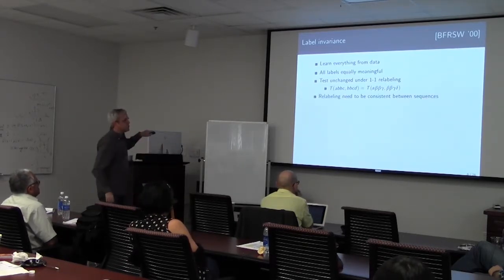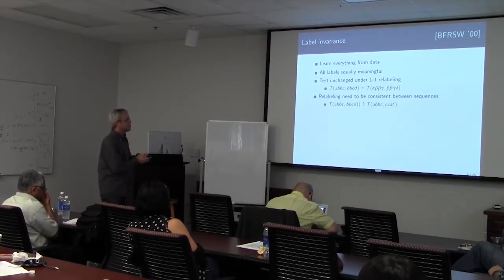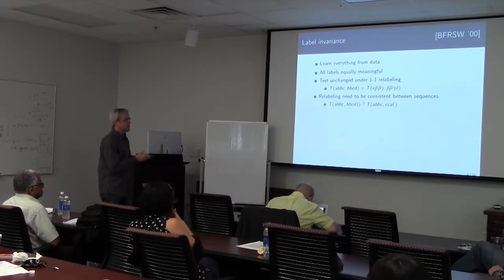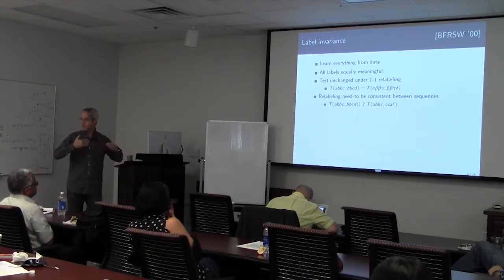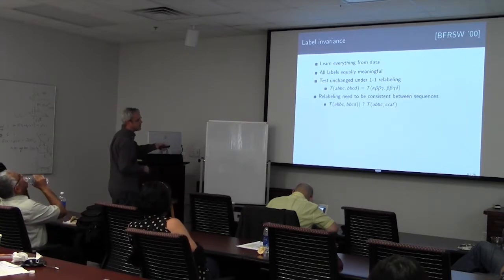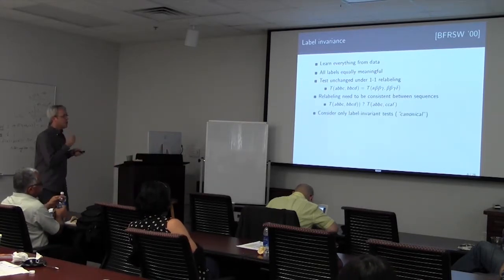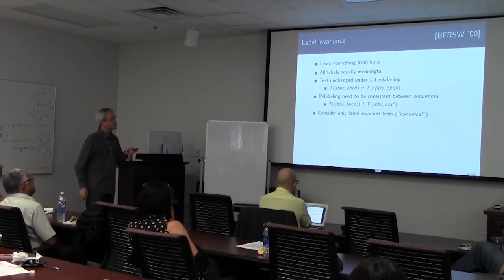Notice that when we do the relabeling, we need to be consistent between sequences. So we cannot change only the second. Here I kept the first sequence the same, but I changed the second sequence. Then we don't claim anything about the test. When you do the relabeling, it has to be for everything. Okay? So we're just saying this should be the same. Here we don't know. Okay? So it makes sense that we'll consider only such algorithms.